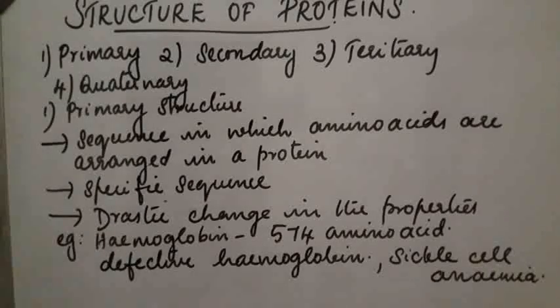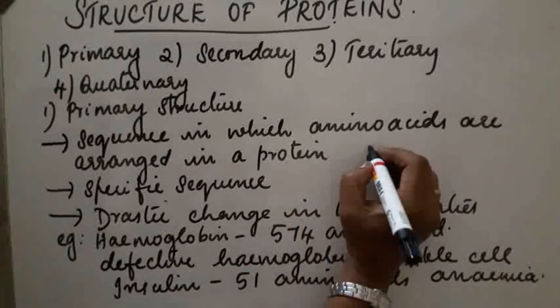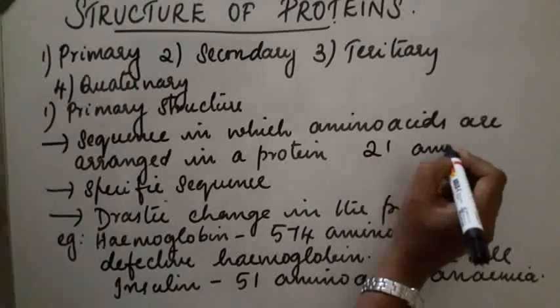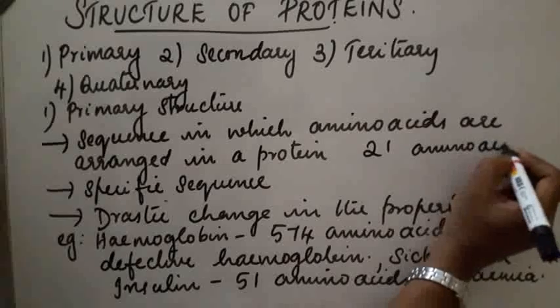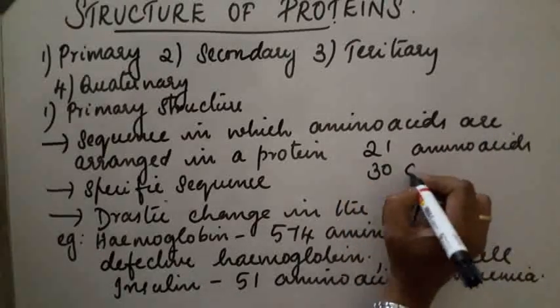Another example is insulin. Insulin contains almost 51 amino acids. There are two sequences, two polypeptide chains. One polypeptide chain contains 21 amino acids, and another polypeptide chain contains 30 amino acids.